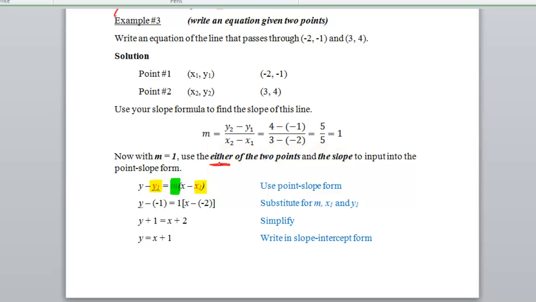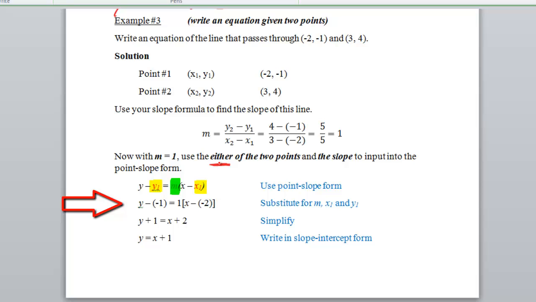So now, in this particular case, we chose the -2, -1, and I did that intentionally in this example so that you could see what happens whenever we plug in a negative number into the point slope form. And what you're going to see is we're going to have y minus a -1. And notice how I use parentheses to hold that -1.